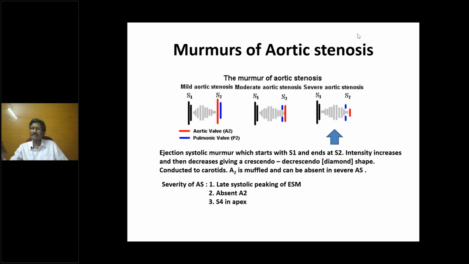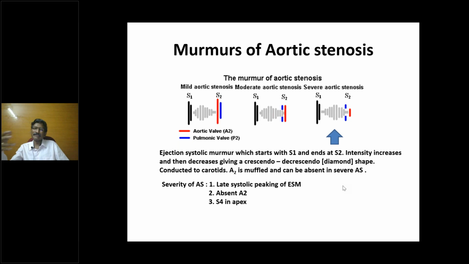Commonest place where you get an ejection pattern is high flow states like anemia. Okay, anemia, what you hear is an ejection systolic murmur. Similar murmur will be heard and the A2 will be muffled or absent. Okay, so just concentrate on these two patterns alone and don't bother much about the time when it is peaking. So theoretically they tell late peaking.